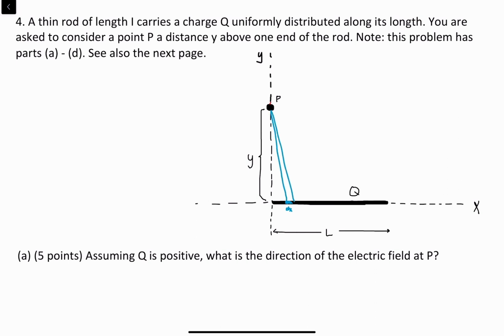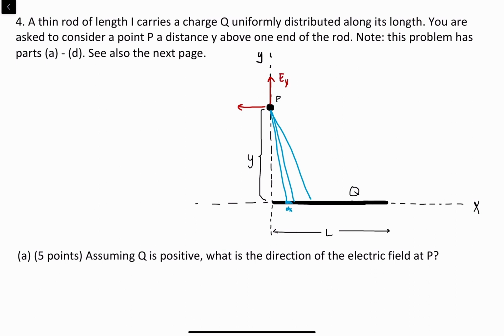And if we add all of those little segments up, it's going to sum up a bunch of electric fields pointing away in the y direction from the line of charge and away in the negative x direction from the line of charge. And since there's no symmetry argument here, there's not going to be any canceling of components.